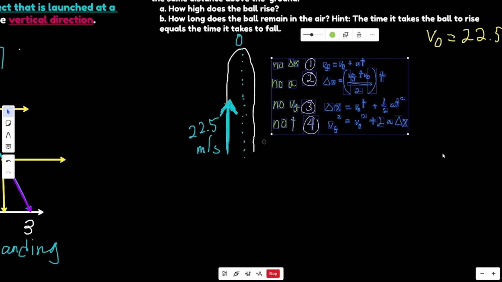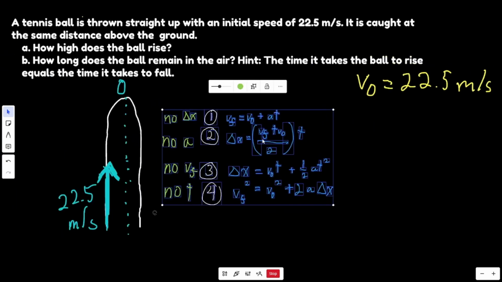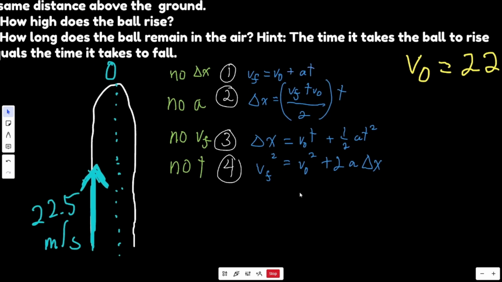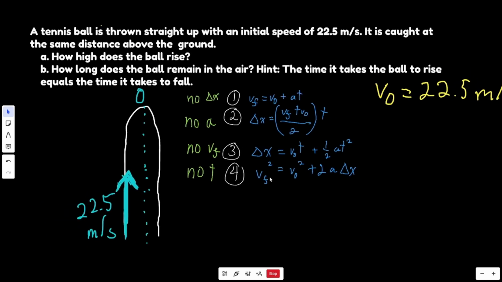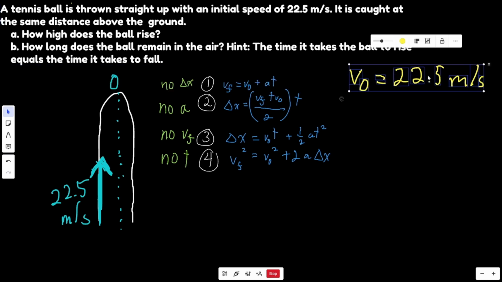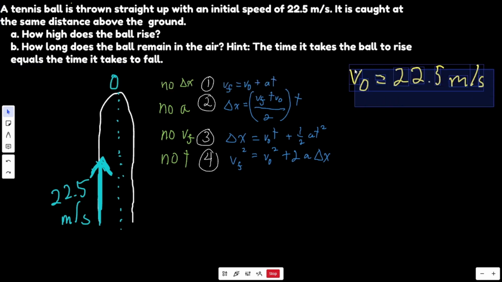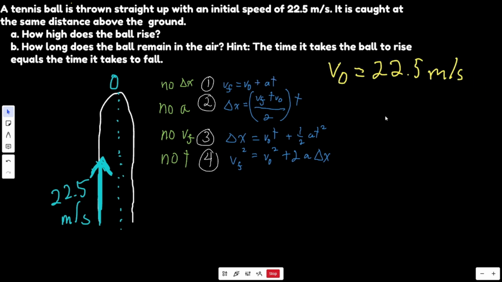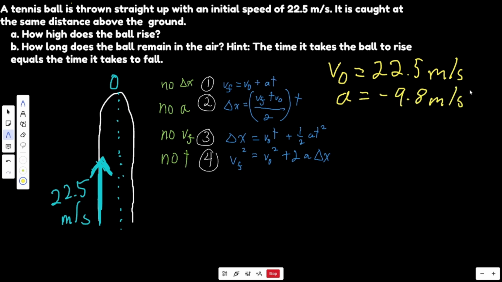We need an equation that has delta x, or displacement. So we're given our acceleration. We're always given acceleration. Especially in projectile motion, we have to remember that acceleration is always negative 9.8. So acceleration, negative 9.8 meters per second squared.